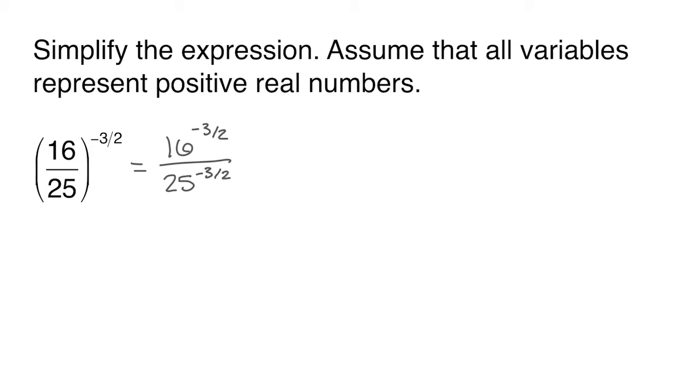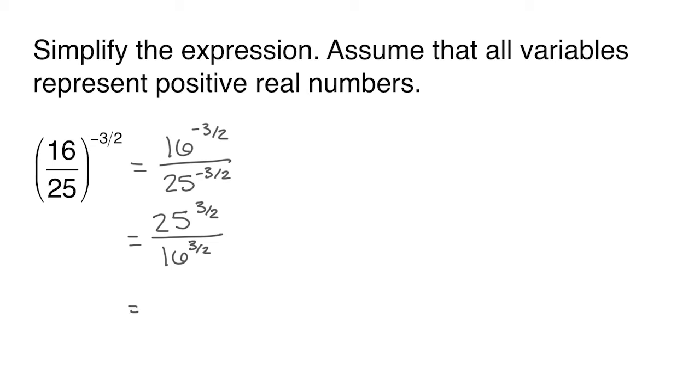power. We can then use rules for negative exponents to rewrite this as 25 to the +3/2 divided by 16 to the +3/2. We can then use the rules for fractional exponents.